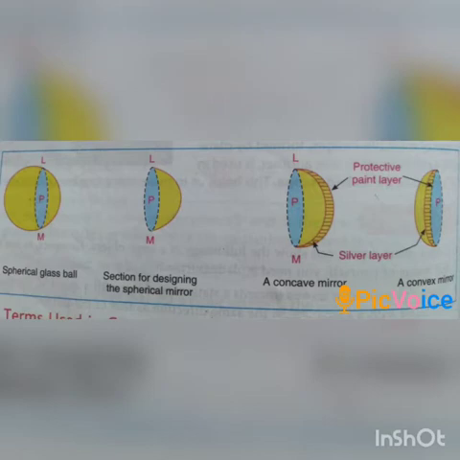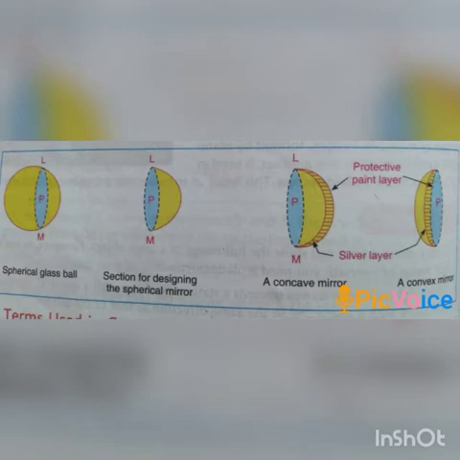Suppose there is a spherical ball of glass and we cut out a section of this ball. If we now polish the outer side of the section, then cover it with a silver layer and a protective paint, we get a concave mirror.